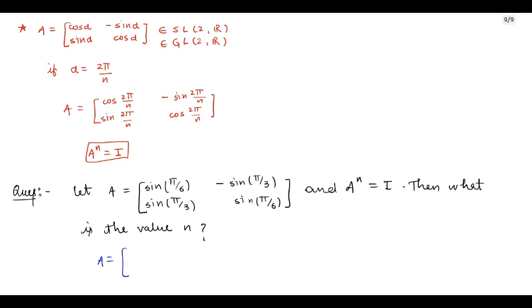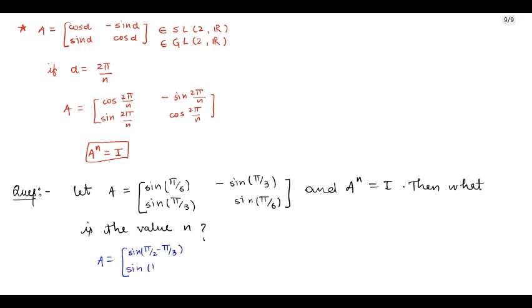We write cos of pi by 2 minus pi by 3. This is correct.